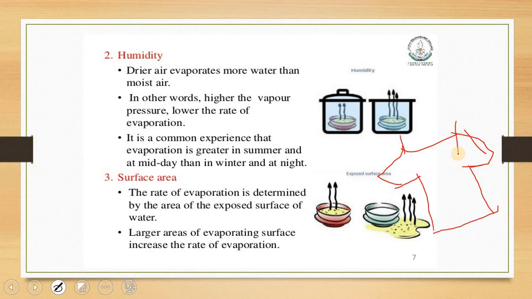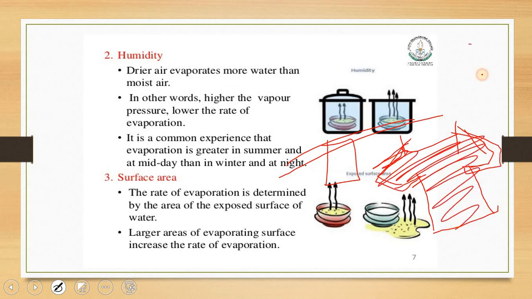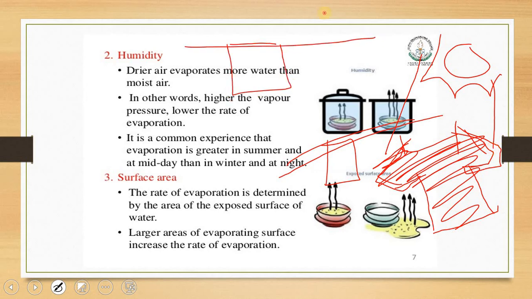Bukannya kamu main lipat-lipat saja. Contohnya lipat, terus buang je lah dekat tempayan. No. Because you want surface area. When this bigger surface area contacts the heat from the sun, then it will evaporate faster, dia betul. Tapi kalau contohlah kan, I have kain besar macam ni, ejemur.